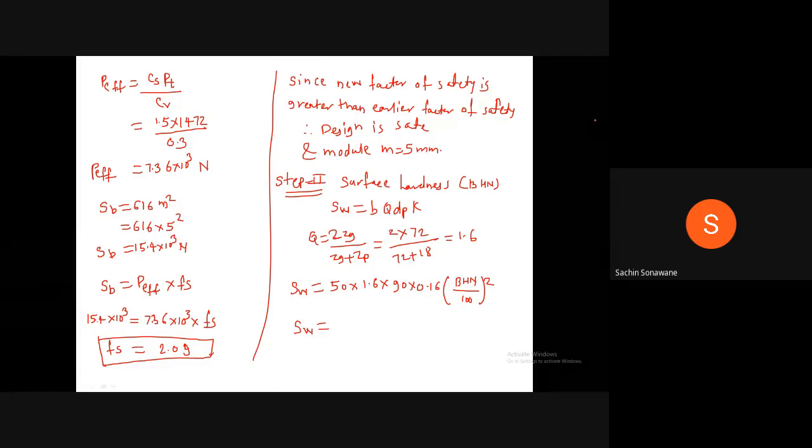Okay, what is the value of SW? Hello, Pranay. What is the answer of SW in terms of BHN? 0.1152 into BHN square. No, no. Once again, you check. 50 into 90.